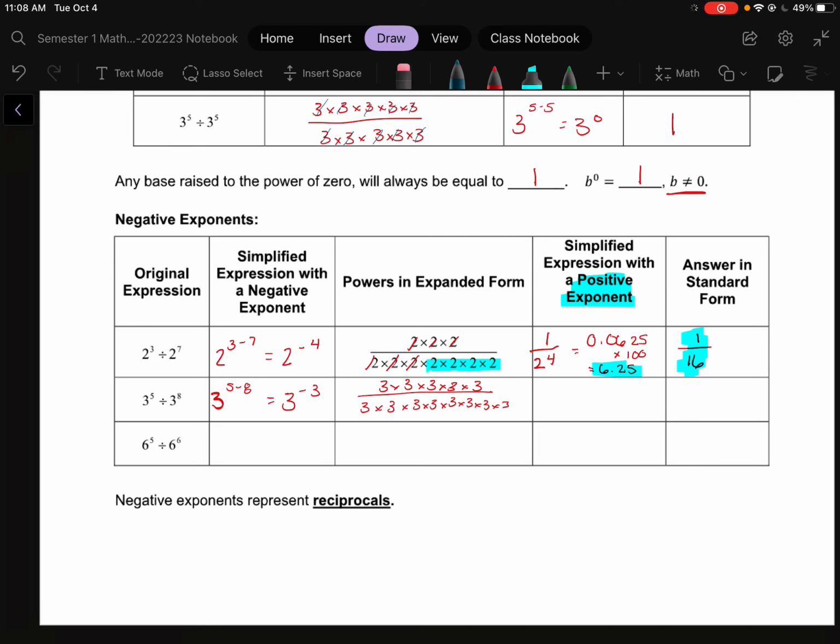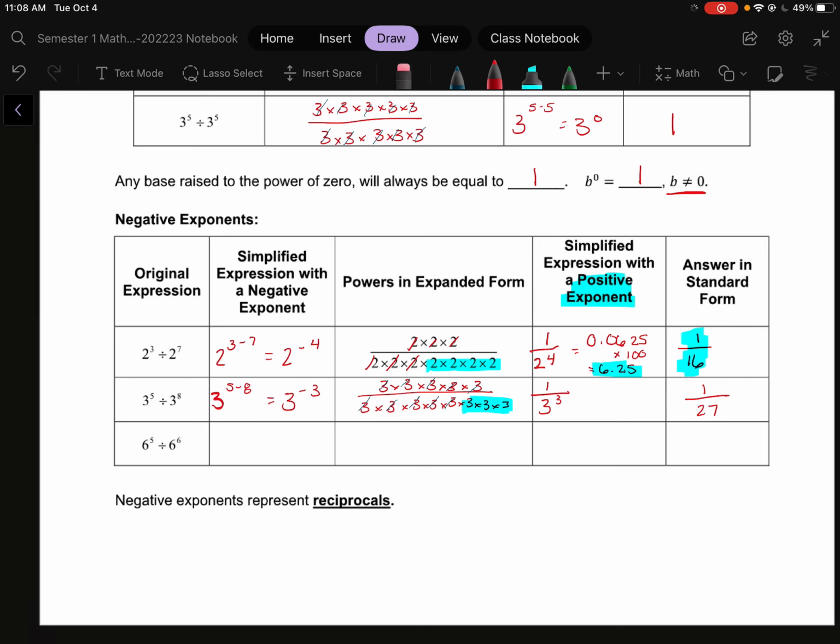So now, in order to know what our simplified expression would be in a positive exponent, we just have to cross all these out and see how many we have left. So we can see here we have 3 threes left, so therefore our positive exponent would be 1/3 to the power of 3. And if we were to write this in standard format, it would be 1/27.